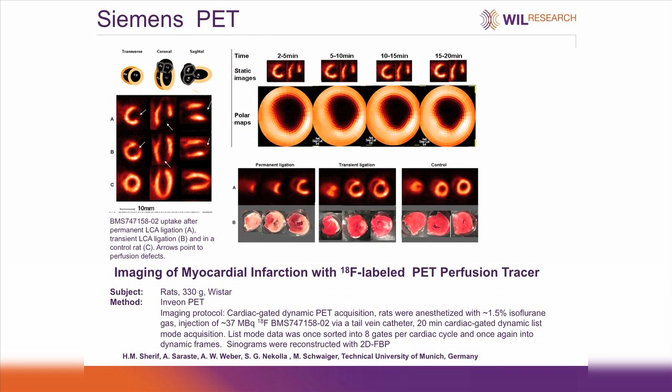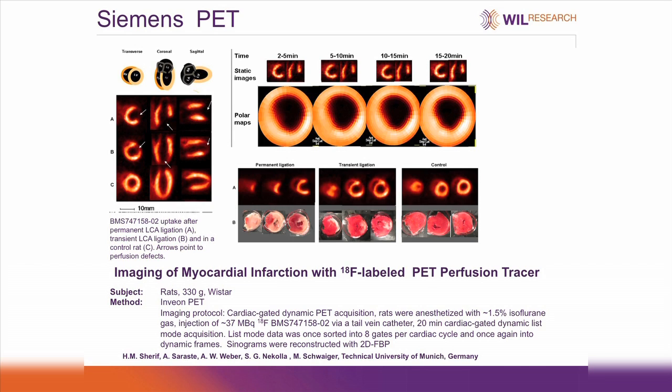Okay, here's another example of imaging. This is PET scanning, positron emission tomography, done in a rodent. Here we looked at how this particular contrast agent was able to identify a myocardial infarction. You can look at the time scale here, and you don't see any evidence of an infarction here, but you can see where the gaps are developing.